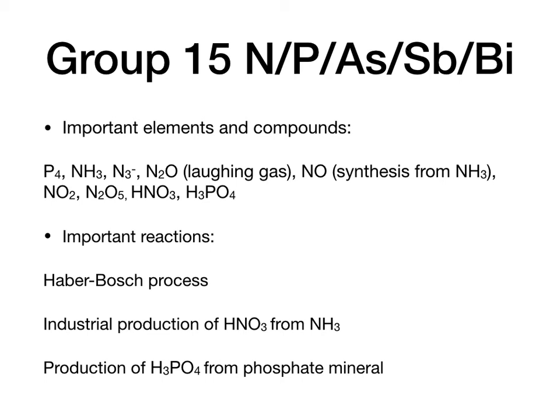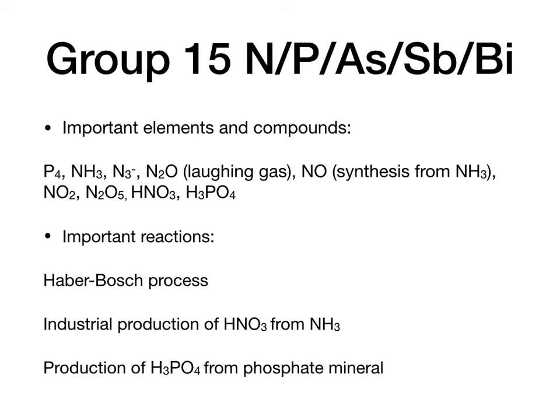The second important reaction, or series of reactions, is the industrial production of nitric acid from ammonia. This involves a series of reactions. First, the oxidation of ammonia by oxygen using a platinum catalyst, and that process produces nitrogen monoxide, or nitric oxide. And this is followed by the oxidation of nitric oxide by oxygen to NO2.